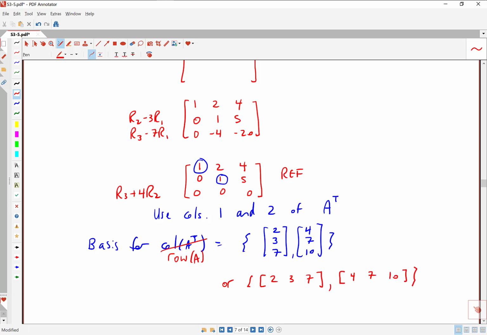Some people might prefer to write it horizontally because then it looks a bit more like a row. Some people might prefer to just keep it as a column because then it's more clear that you've solved the problem using the column space of A transpose. It really doesn't matter how you give your answer.